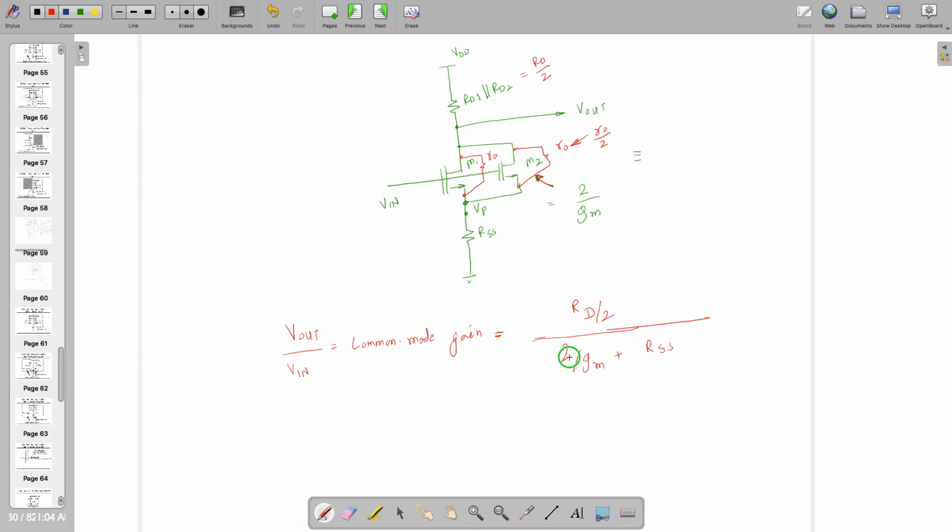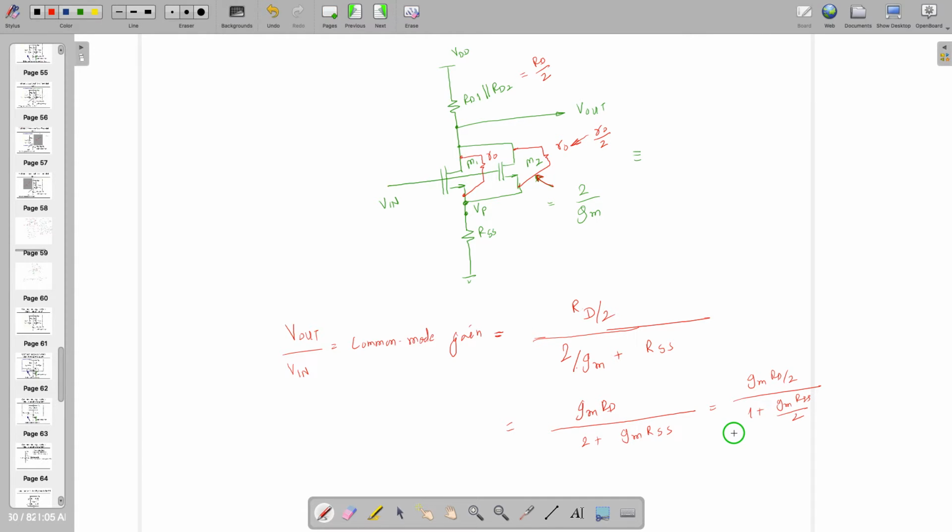If you want to simplify, you can simplify as follows: gmRD divided by 2 plus gmRSS, right? Or you can write gmRD by 2 over 1 plus gmRSS by 2, right?